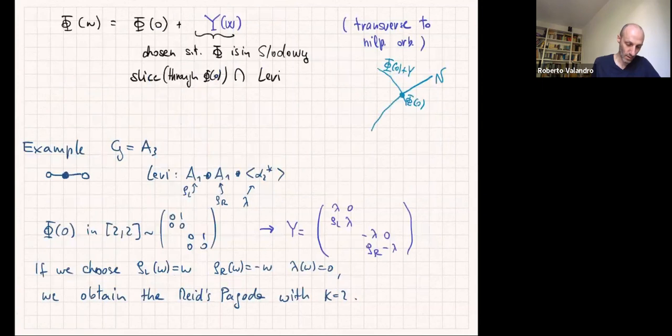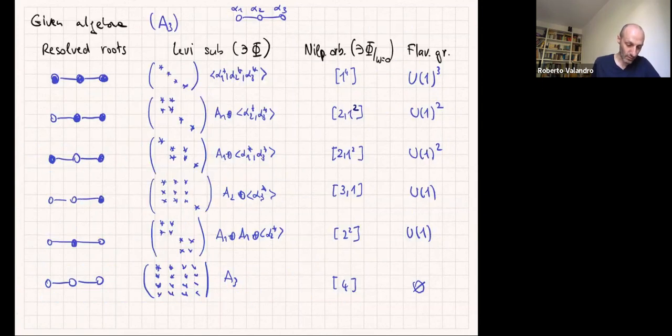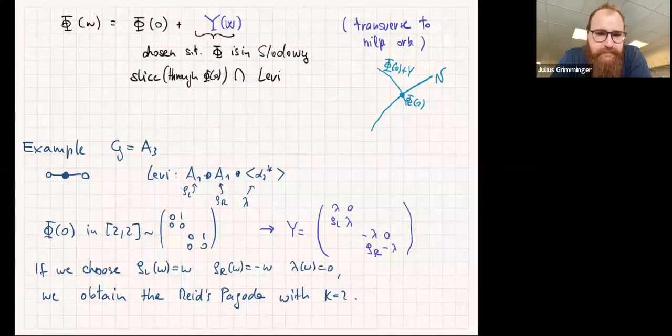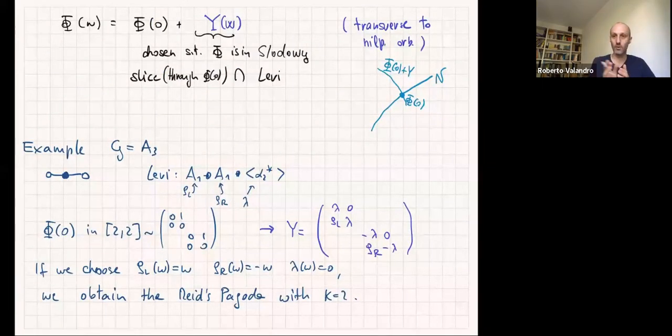Okay. In fact, these are not simple flops, because we are blowing up two spheres. So if you want to deform in a way that doesn't count gauge transformations, you want to go in a transverse direction, through the Slodowy slice intersected with the Levi, in such a way that you still keep phi in the Levi subalgebra.